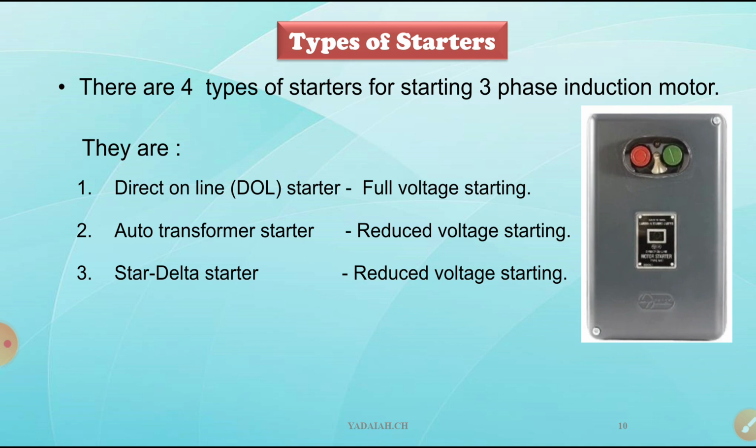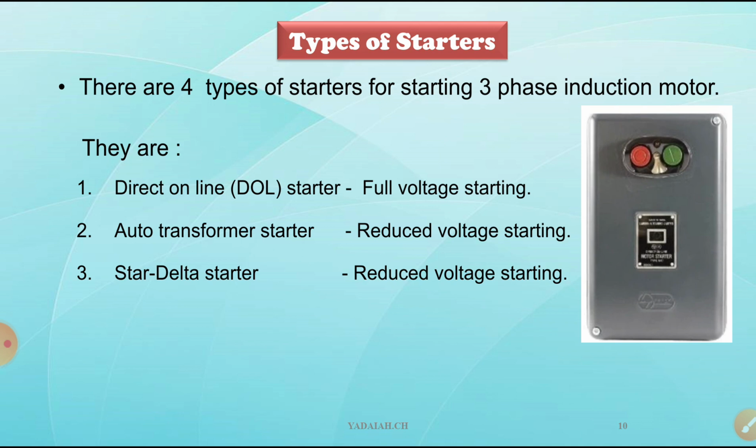These three starters, direct online starters, auto transformers and star delta starters, are used on the stator side in case of our squirrel cage induction motor. At the same time, we can also use a slip ring induction motor to perform the no load test and blocked rotor test, which we discussed in previous classes.